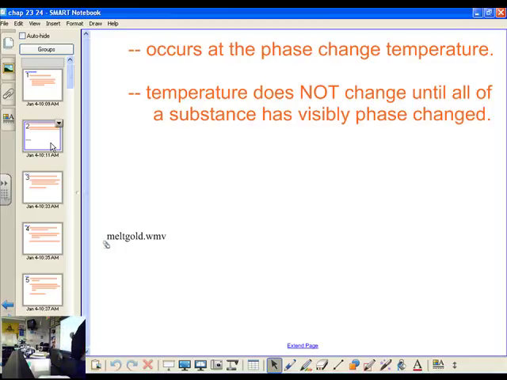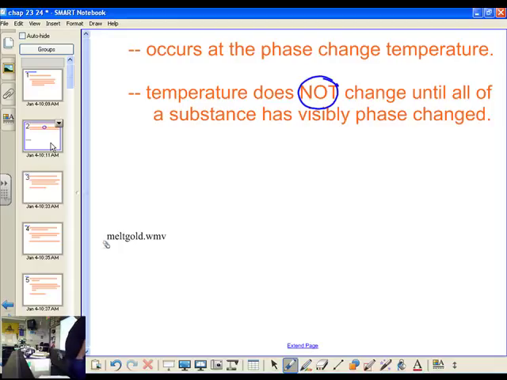This occurs at the phase change temperature. Phase change occurs at the phase change temperature, the melting point and the boiling point. Whether it freezes or melts, freezing and melting occur at the melting point; boiling and condensation occur at the boiling point. The temperature does not change until all of the substance has visibly phase changed.